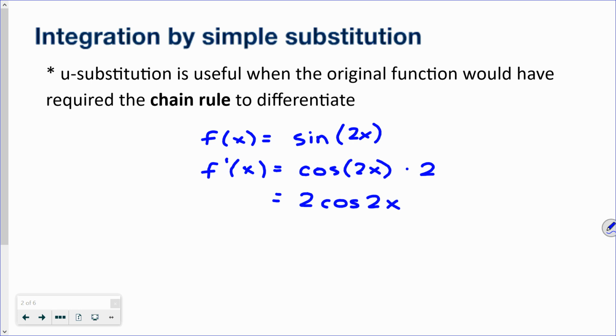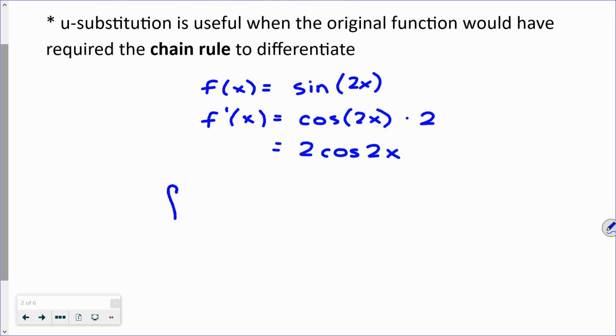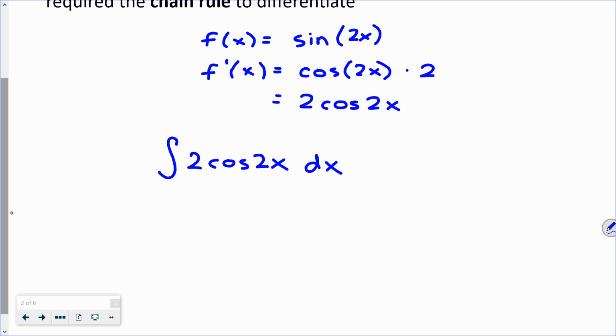So what we're going to be dealing with today is how to integrate a function that is slightly more complicated, where the original function would have required the chain rule. So we will be looking at things like this. The way we're going to go about doing it, and I'll just preview it with this, is to take the inner function that we recognize in our function, and as we try to find the antiderivative, we're going to write over here on the side that u is equal to 2x.